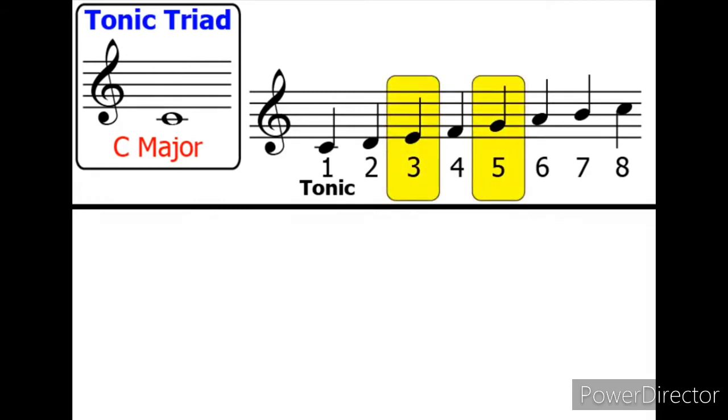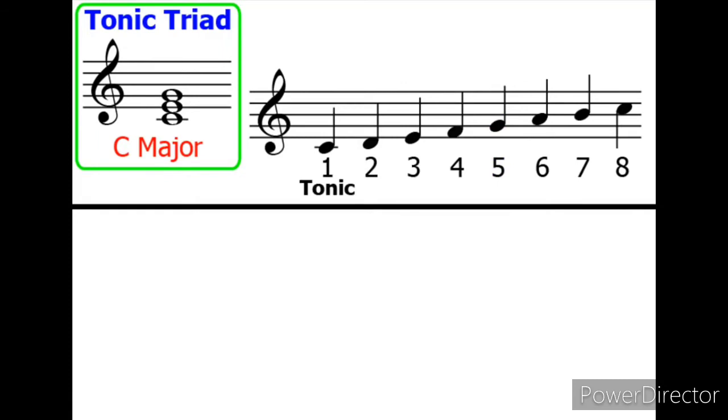Now, there's a very long and complicated reason why we use notes 3 and 5, but all you need to worry about is in all major scales, we just take these 2 notes and pop them onto our tonic triad. So note 3 first, the E, it sits on top of the C. Then note 5, the G, it sits on top of the E. And it's as simple as that, the tonic triad for C major. Now, just a couple of things to note here.